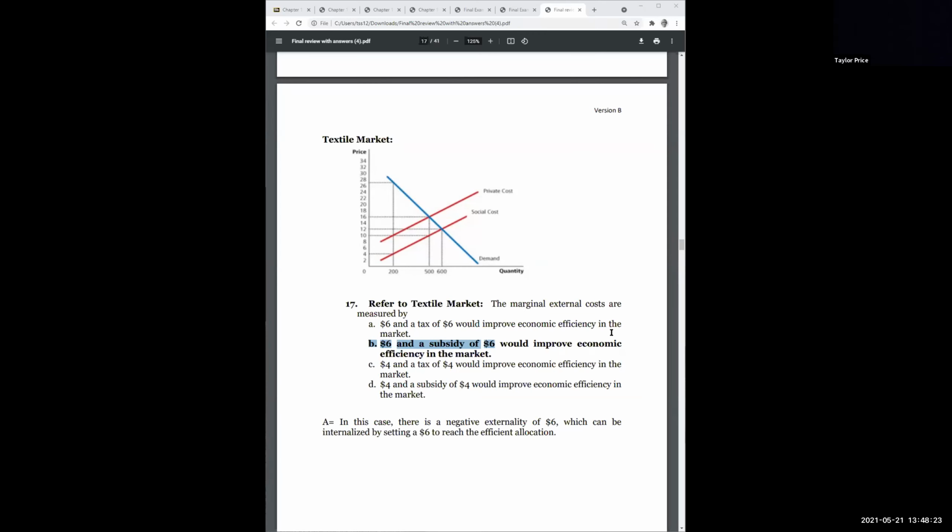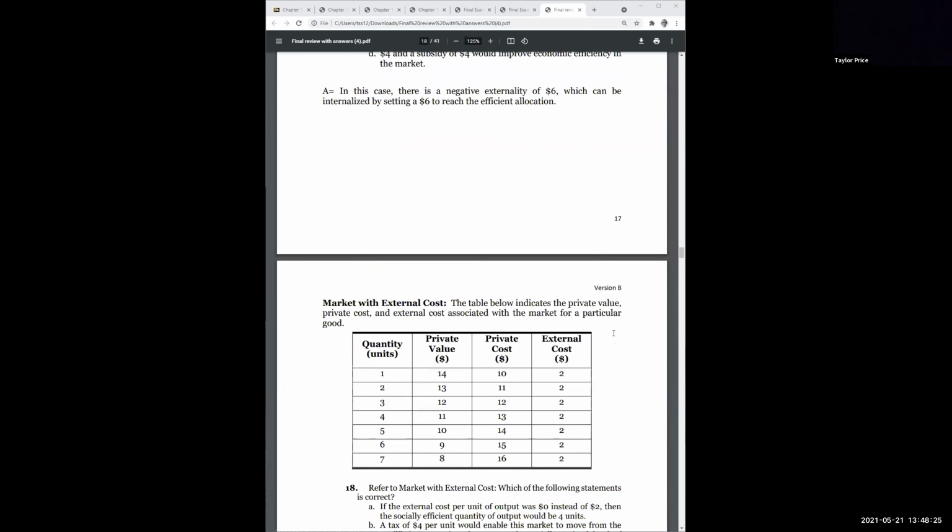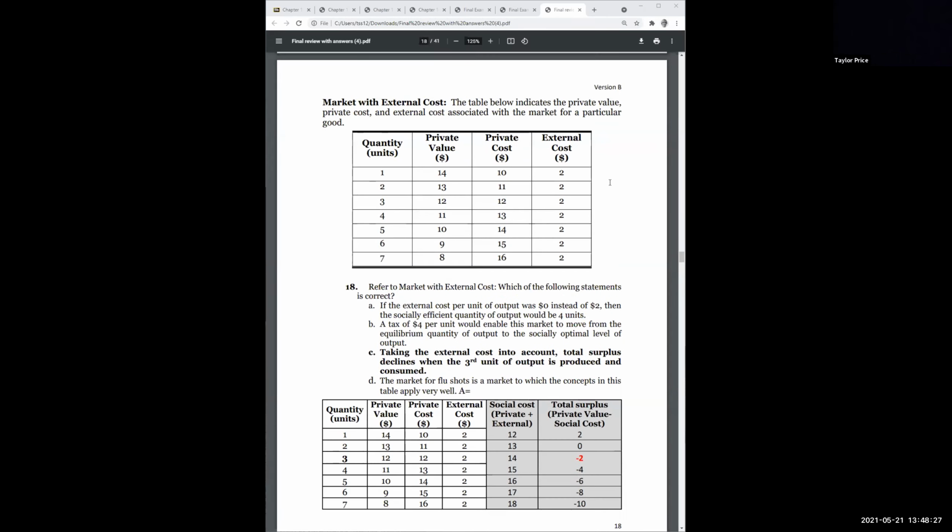Okay, 18 and 19. So 18 is giving us a table, private cost. Which of the following statements is correct? For this one, the way they produce this table is actually really useful.